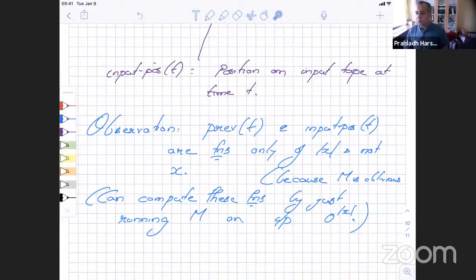So would it help if we thought of this from the NFA perspective and the state space in the NFA? No, what was your question?